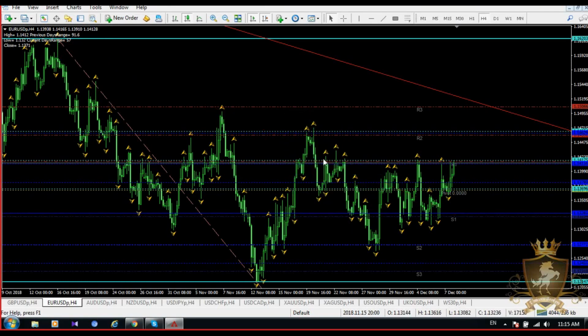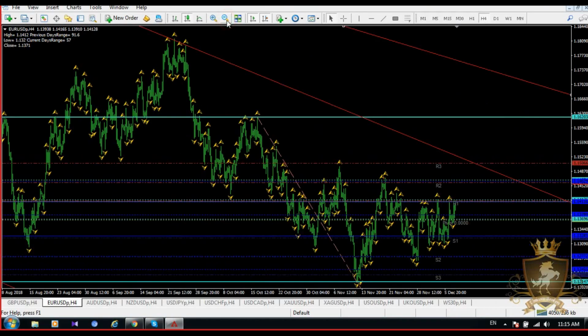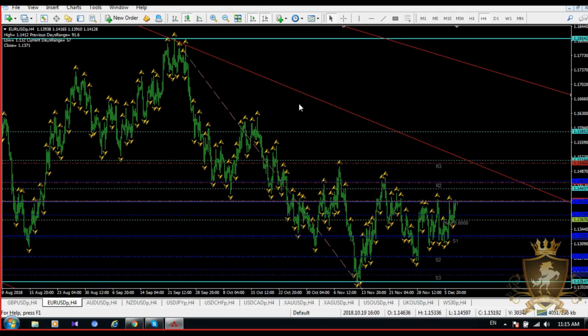It's because you had another trend line that was hit here. It's because I had another trend line that made it break here. This range is what I'm talking about.